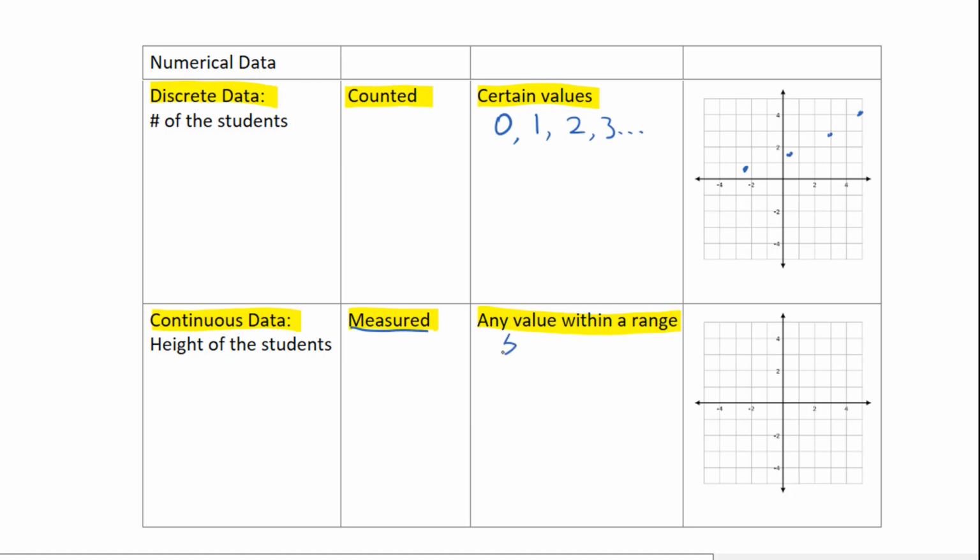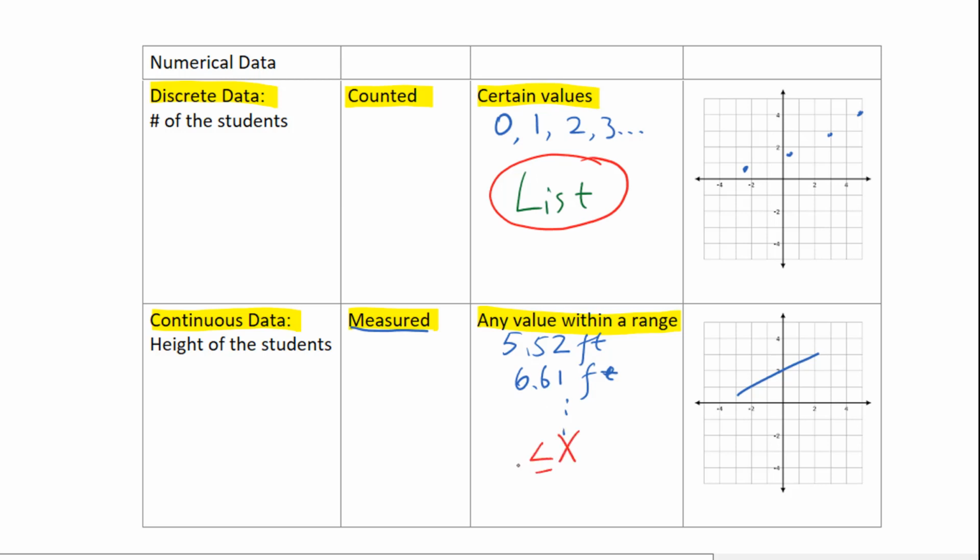It could be 5.52 feet, 6.61 feet, and so on. The graph of continuous data will be a line. Normally, we can list discrete data, but for continuous data, you have to use inequalities to represent.